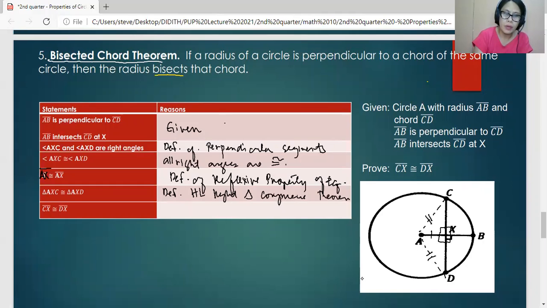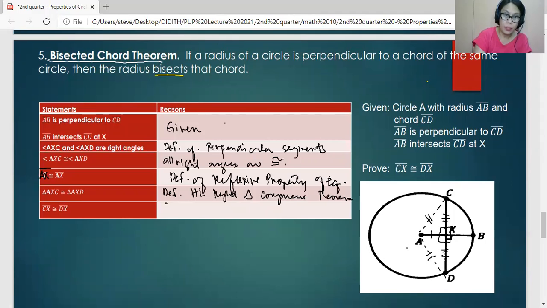Okay. Now, this side and this side are congruent. Why? Because we were able to prove that the two triangles are congruent.